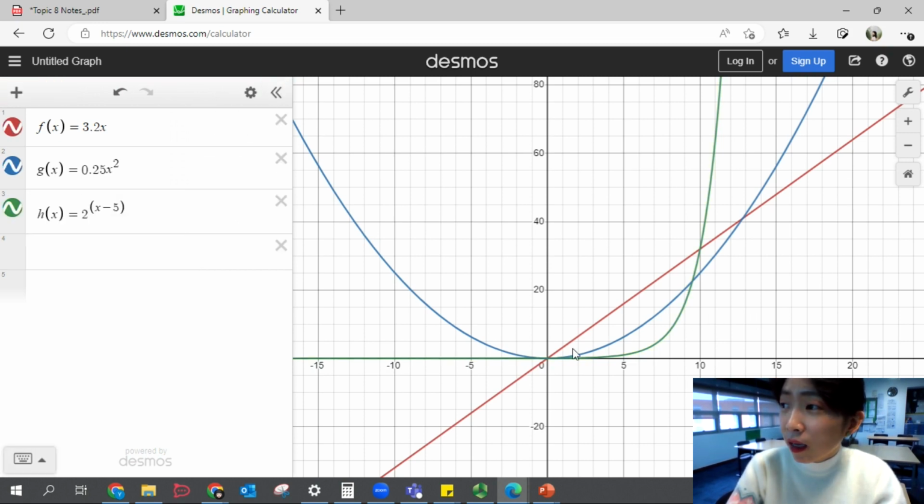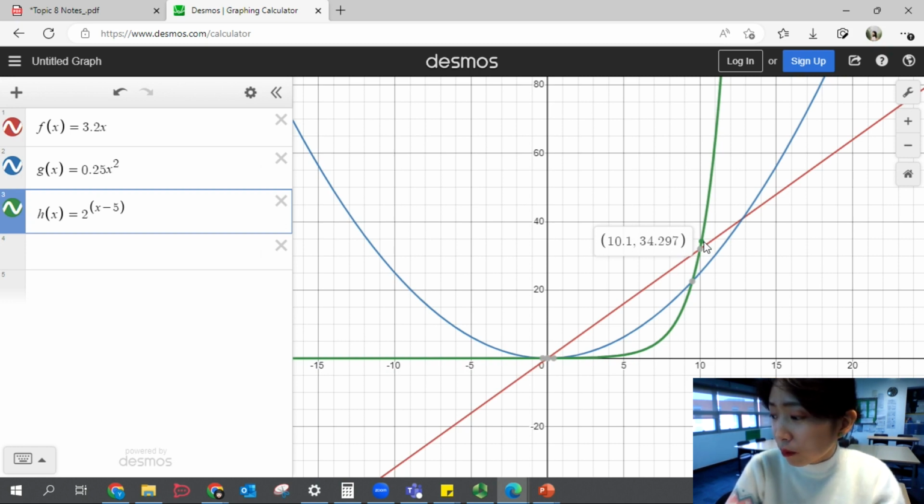So city A is going to be linear like that. City B is blue, and the curve goes slowly over. And then city C, it's very slow in the beginning, but it grows exponentially fast. So at this point, it already exceeds the y values for both city A and B, right?